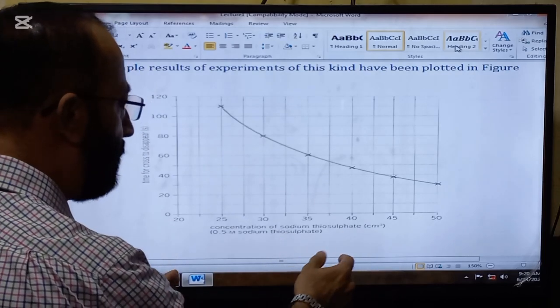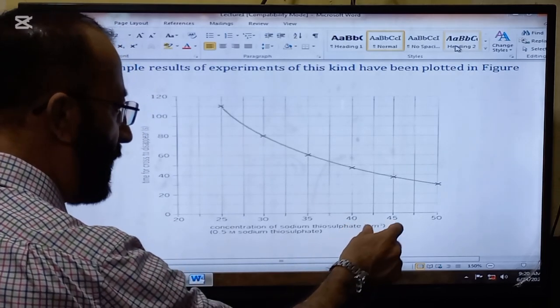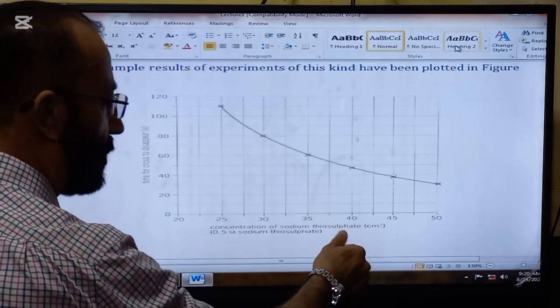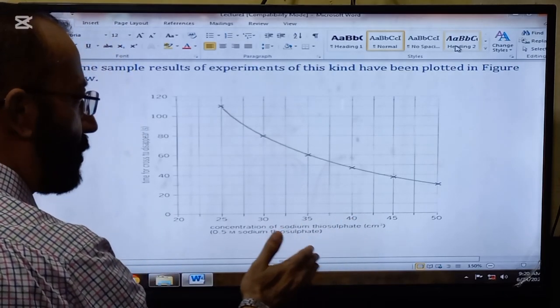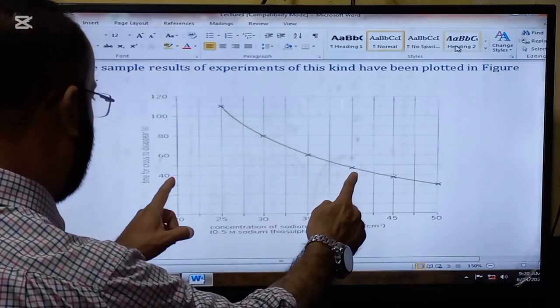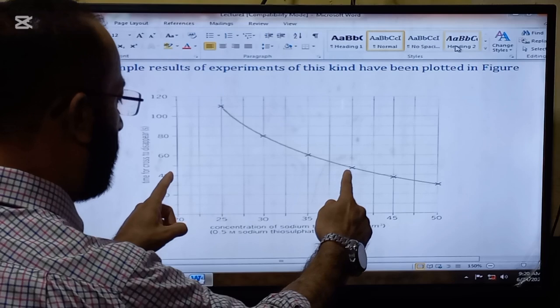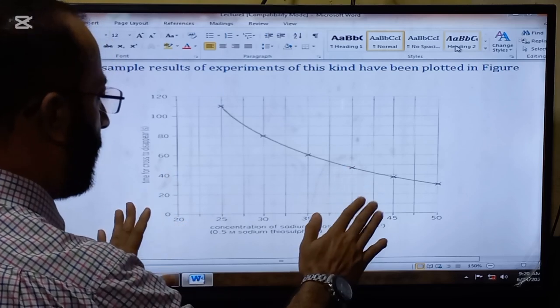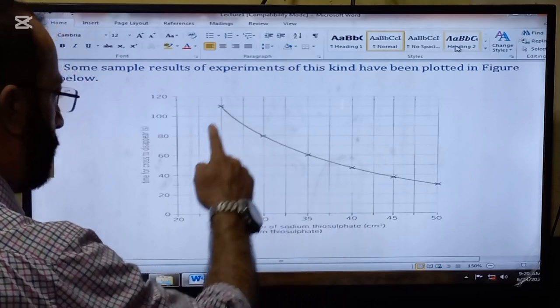In the next experiment, you will put 40 centimeter cube of sodium thiosulfate and 10 centimeter cube of water. So the reactant will get even less concentrated. So in this experiment, almost 49 or 48 seconds will be taken for the mark to disappear, and so on.